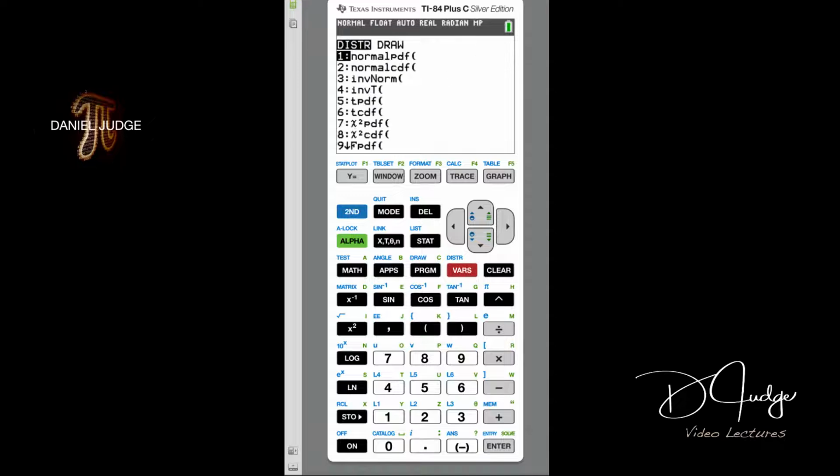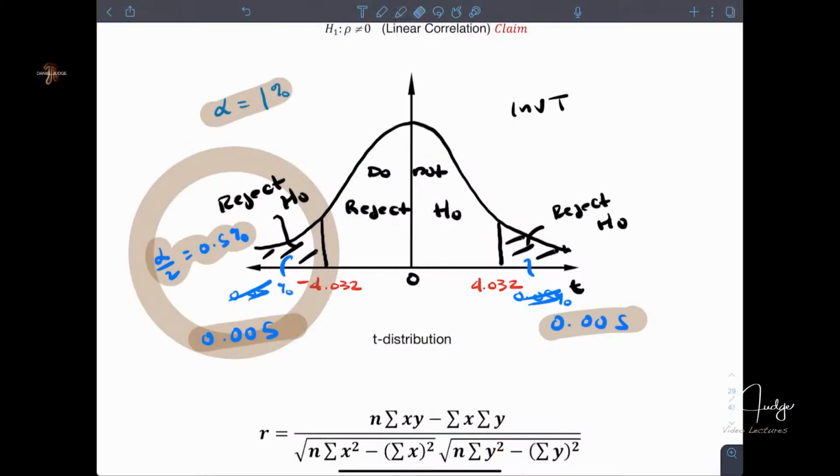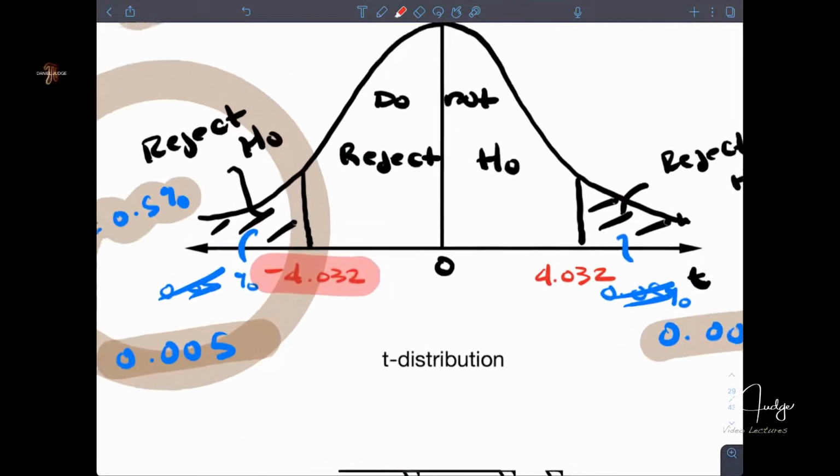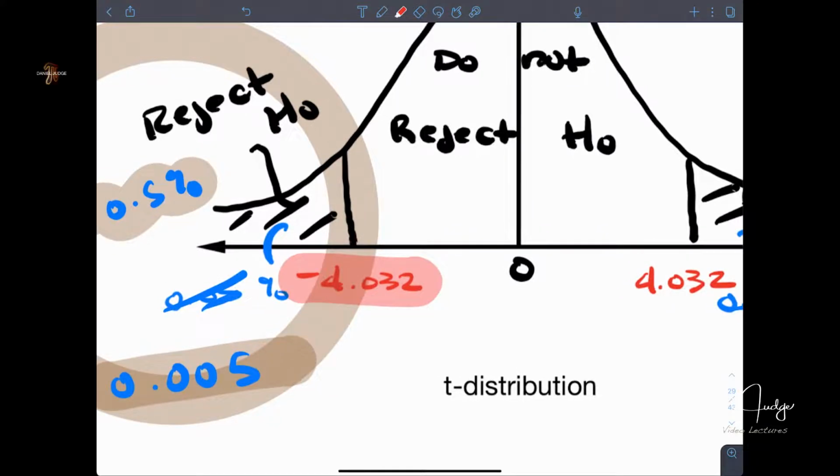Second distribution, inverse t, 0.005, the area to the left, at the right degrees of freedom. We paste that in, and we get negative 4.032 as a critical value. Sure enough, that is exactly what we said we'd get. And this is how you find your critical values, inverse t.